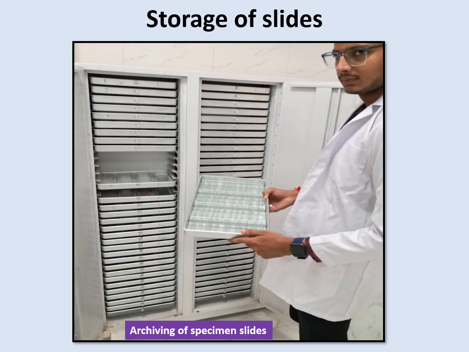So that can be done, and you need not repeat the process again. So we have to cut these two extra sections other than the first, which has been used for HNE staining.